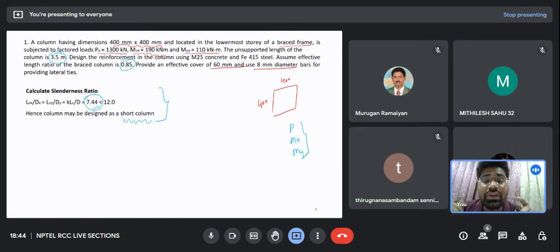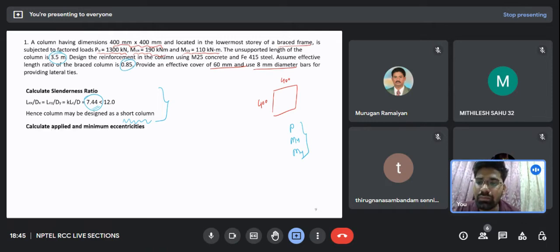So before initiating any design of column, you should first see whether it is a long column or a short column. The second step is to check the minimum eccentricity value, because we never intend to design a column for zero eccentricity. There is always a check for accidental eccentricity. That accidental eccentricity we calculate with the help of a formula which I shared with you in the previous session.